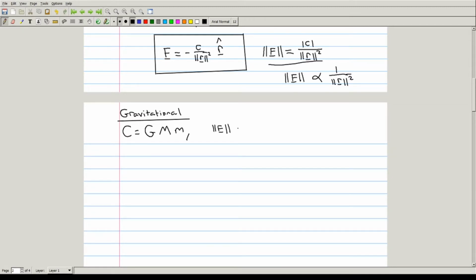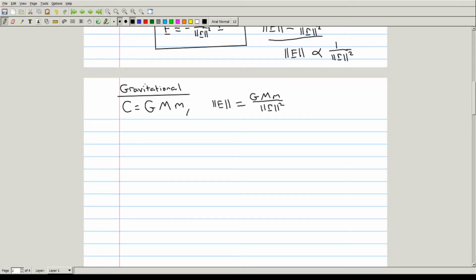The magnitude of force is equal to G m over length of r squared. And in terms of the direction, we know that the masses will always be positive, so c will be positive because G is a positive constant.